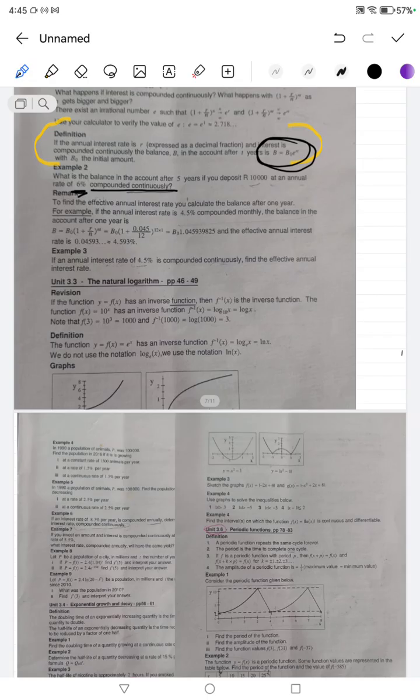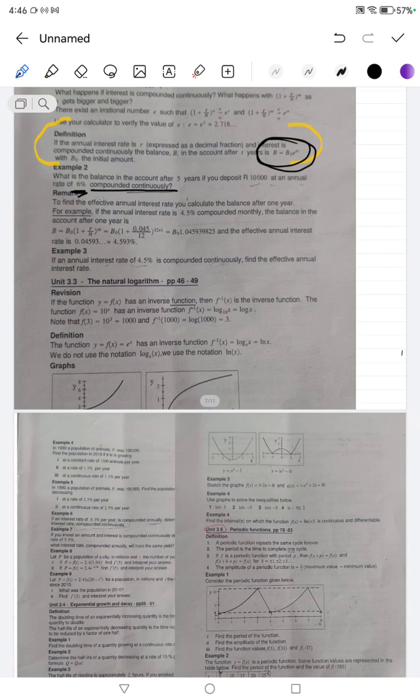We're going to go and check example 3. Example 3, they're saying if an annual interest rate of 4.5% is compounded continuously, find the effective annual interest rate.